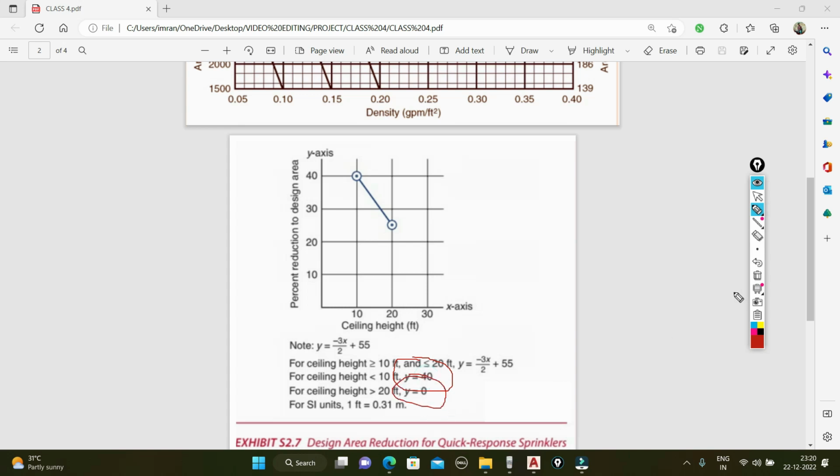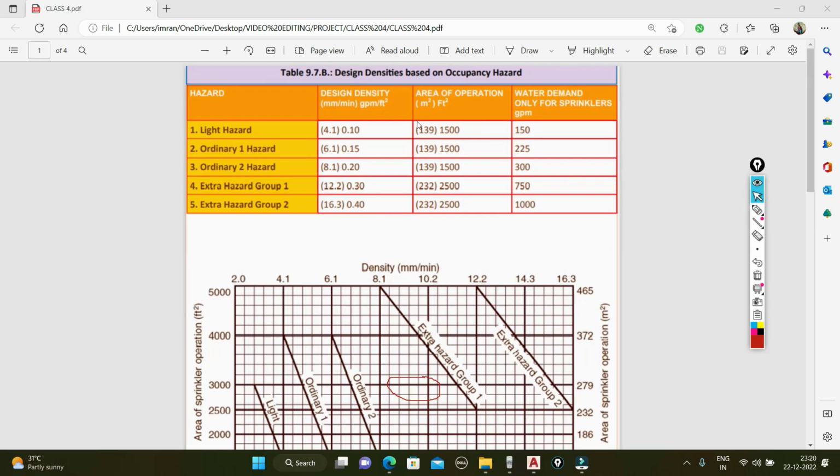It means if we are going to design the light hazard system, and the ceiling height is more than 20 feet and we are using a quick response sprinkler, then we will not reduce the area of operation.